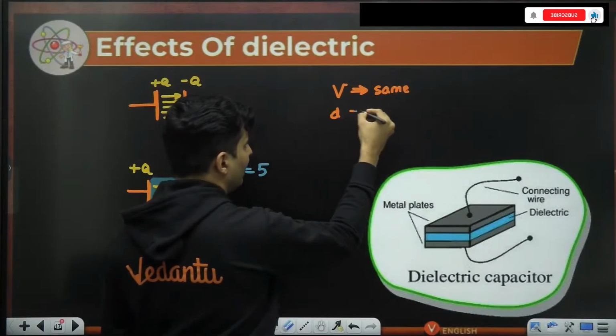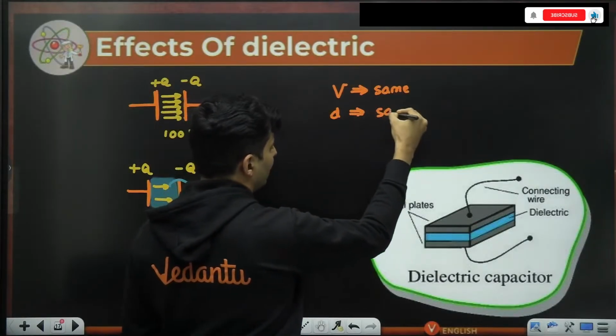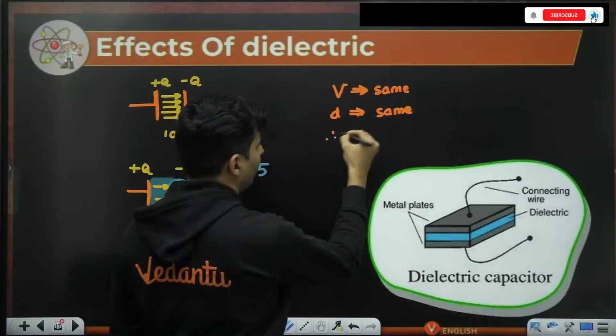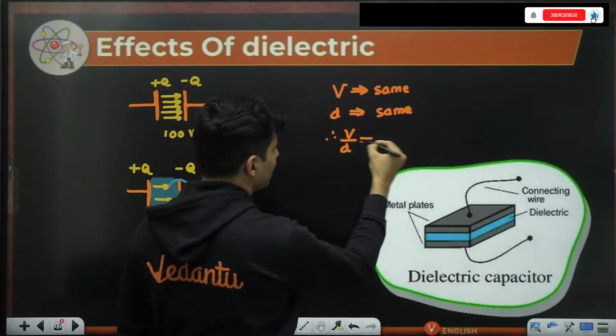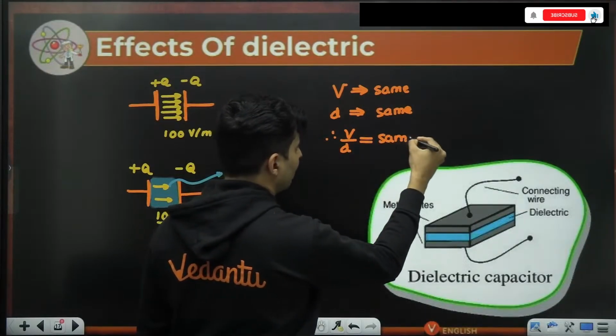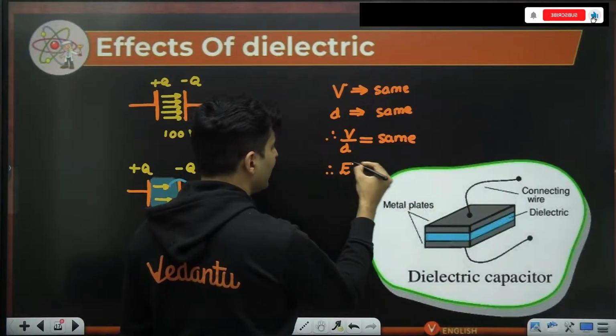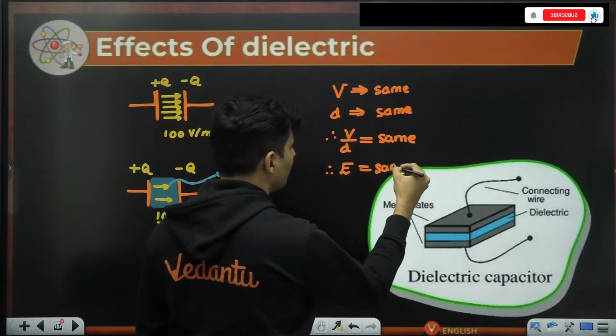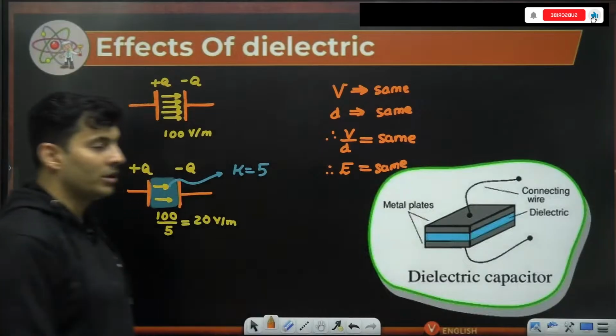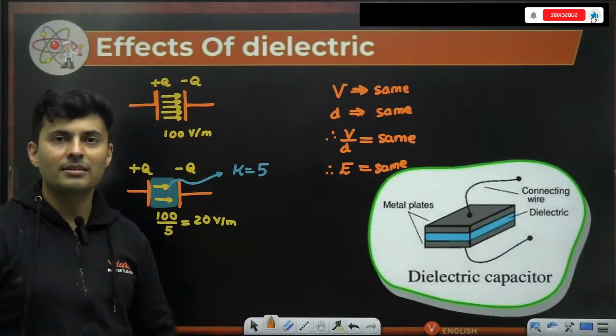The distance between the plates of the capacitor is also the same. Therefore, voltage per unit distance is also going to be the same. But what is voltage per unit distance? It is nothing but the field. The field has to be the same. Oh my gosh, I'm getting two conflicting answers.